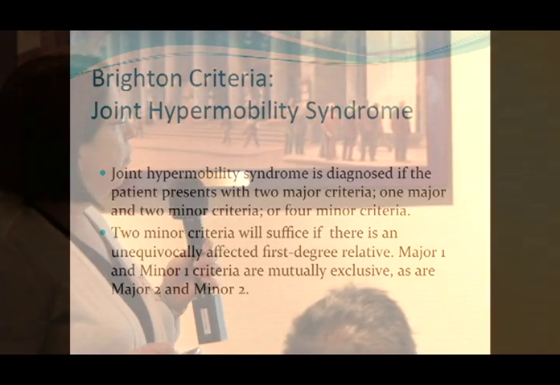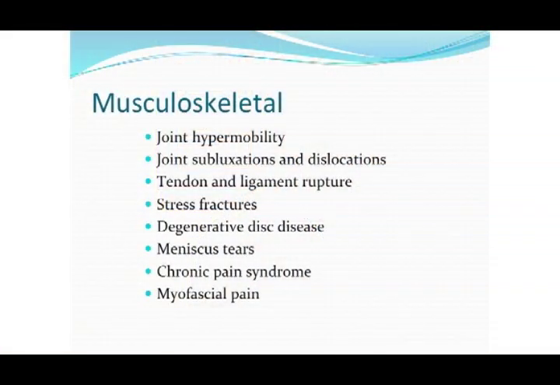So just to go through the various organ systems and the kinds of manifestations that we see in our patients, obviously, for the musculoskeletal, the joint hypermobility is the first thing, and joint subluxations and dislocations that go along with the hypermobility. Tendon and ligament ruptures are common, as are stress fractures, and our patients are at increased risk for decreased bone mineral density.